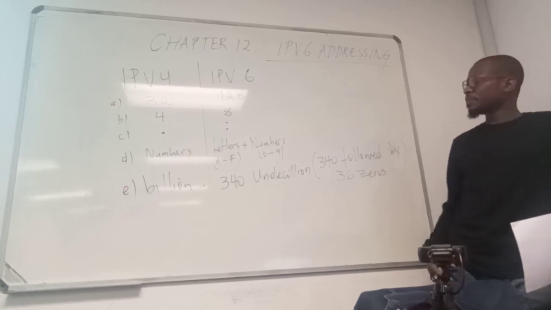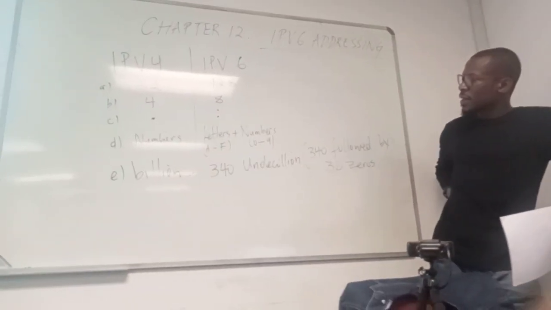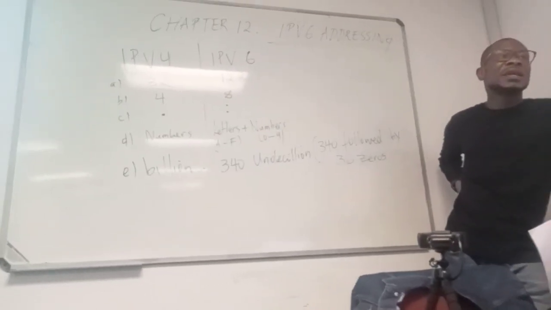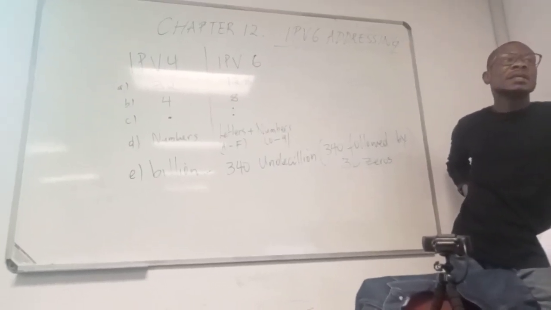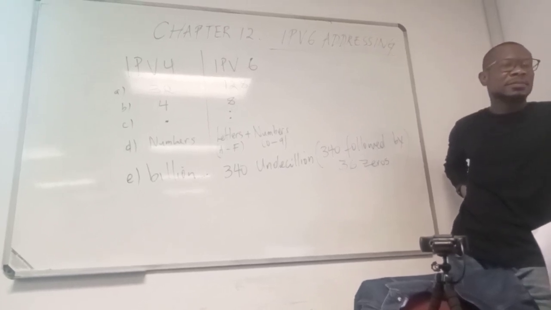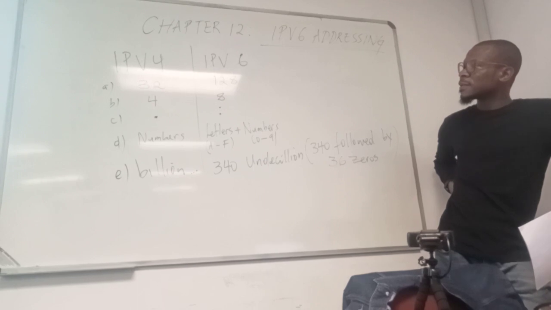Okay, can I wipe now? No. Letters plus numbers. Don't forget letters go from A to F, so you can only pick A, B, C, D, E, and F. And numbers 0 to 9.